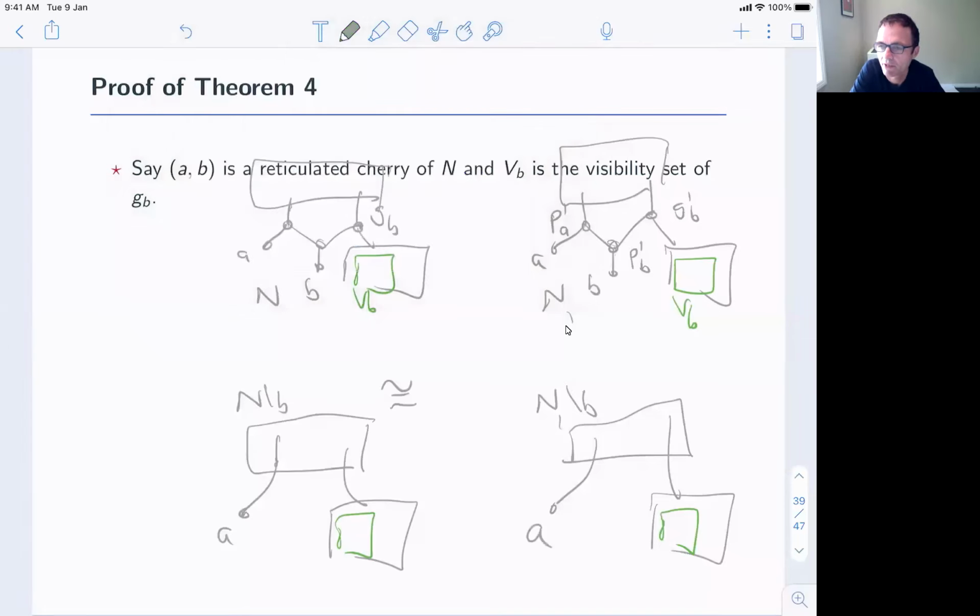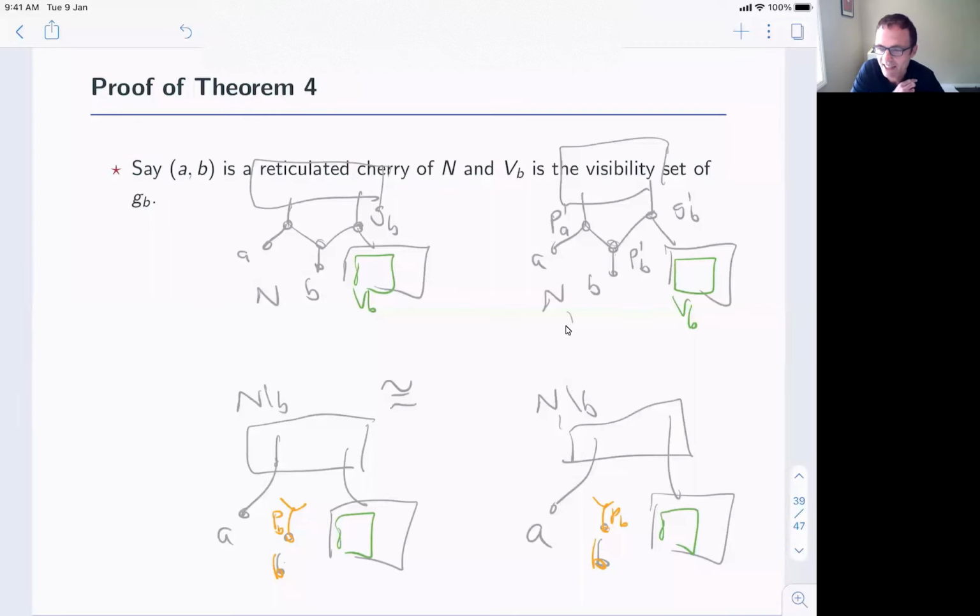All right, and now I've got to reattach B. Now I know it's a reticulated cherry in both, so I need somehow to find B. I should have a different color. Right, and PB is a parent of B. Now I've got to try and reattach them.